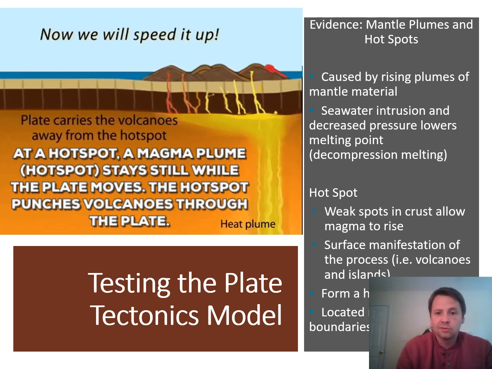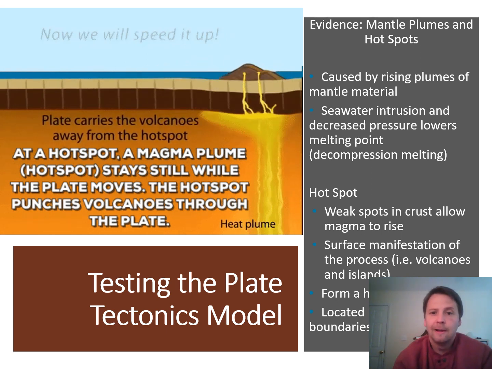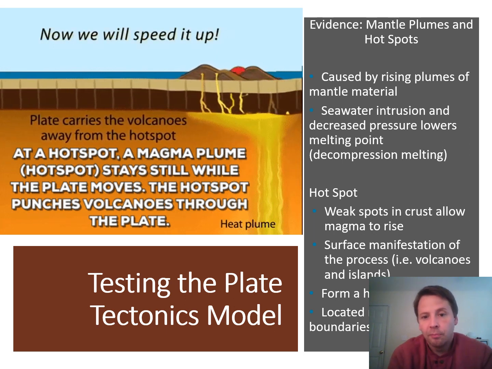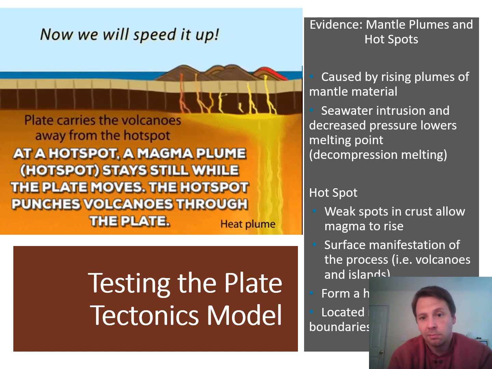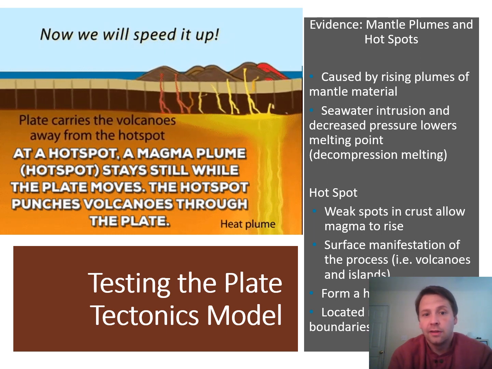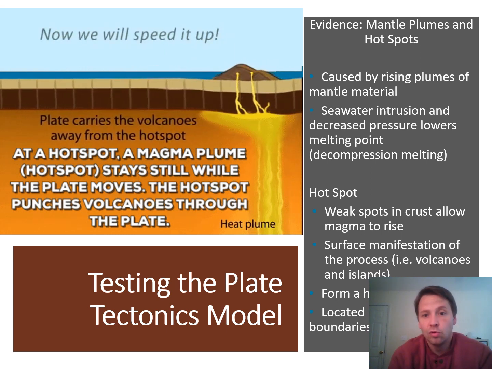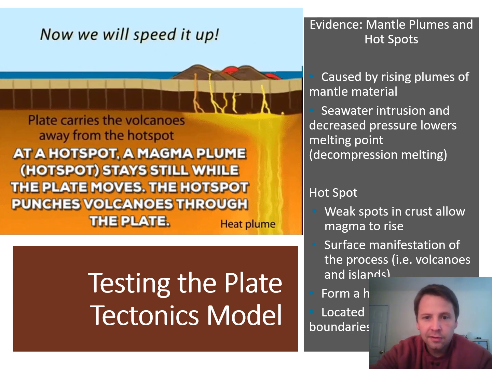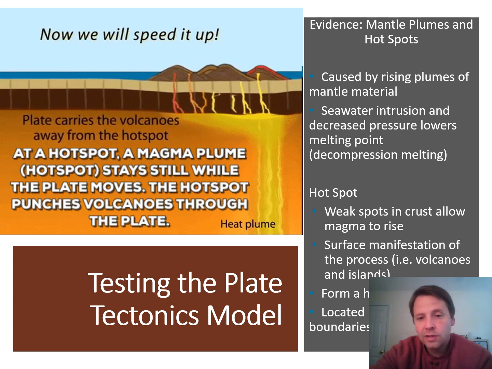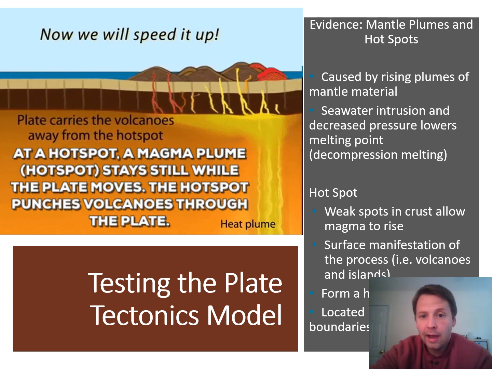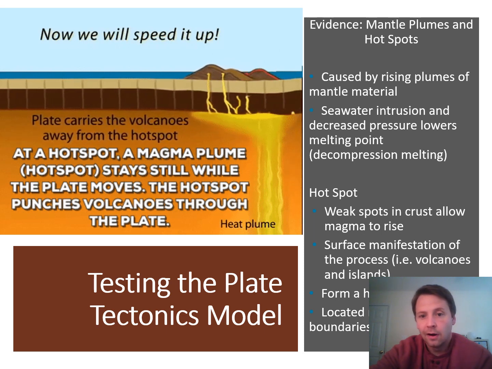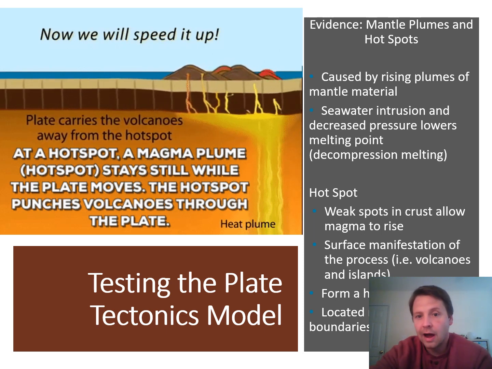But you have these plumes of lava that are fixed, right? They don't move. But what does move is the crust above it. And so as the plates above it move, the intrusion of magma is continuous, and depending on the speed, it has the ability to build seamounts or even islands, right?